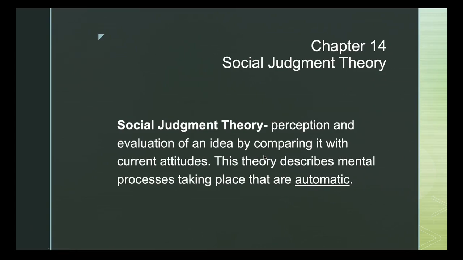Basically, the social judgment theory is a perception and evaluation of an idea by comparing it with current attitudes. This theory describes mental processes that are often automatic, or automatic processing, things that we don't think a whole lot about. So it talks about how we perceive things from a general perspective.